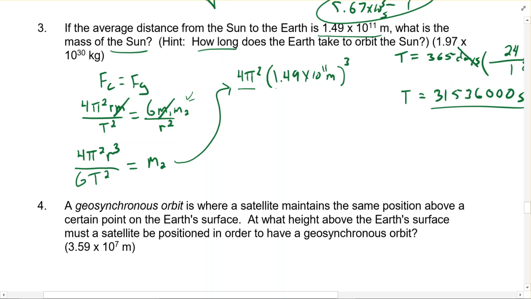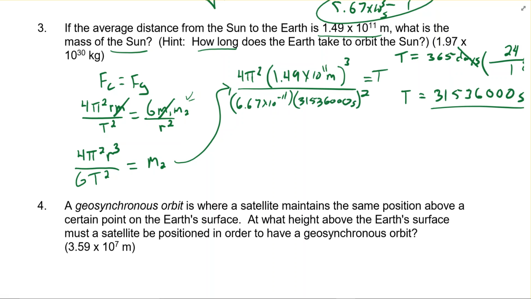Oh yeah, and this is all to the power of 3 divided by 6.67 times 10 to the negative 11 times our time that we just figured out. 31,536,000 seconds, and squared.